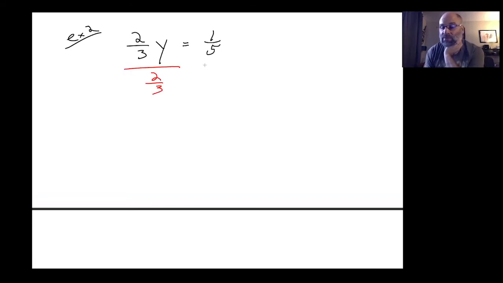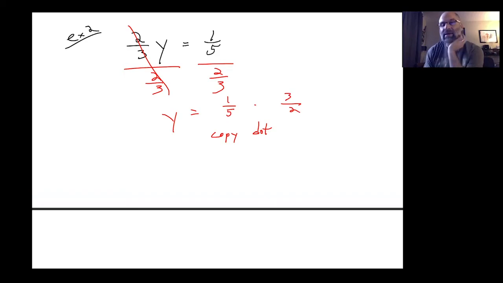Yeah, or you could multiply by the reciprocal or divide, but look what happens. When you divide fractions, you copy, dot, flop, right? So you're flopping 2/3 to 3/2. Okay, so the shortcut would have been to just multiply by the reciprocal right away. So if you multiply by the reciprocal, 3/2, these cancel, and you're left with y equals 3/10.